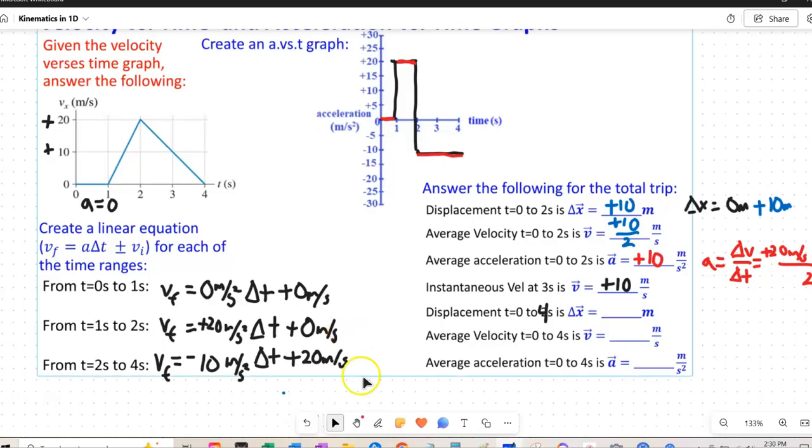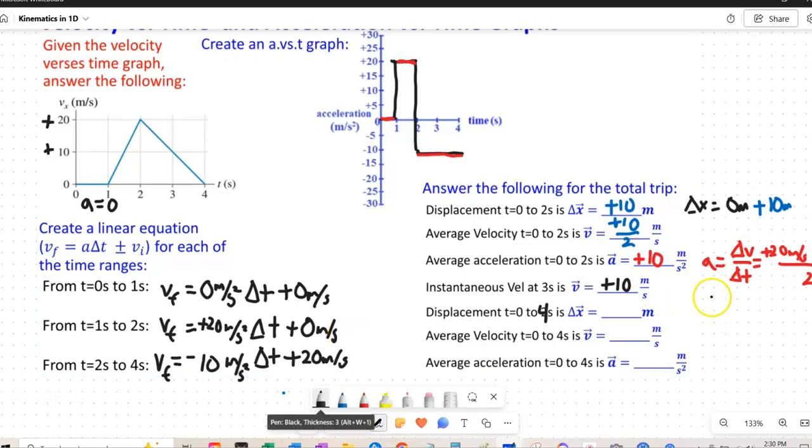So, total displacement from 0 to 4 seconds is just going to be the area underneath this entire thing. We already did the area here, which we found out is positive 10 from 0 to 2 seconds. Now we need the area for here, and we'll just add them together.